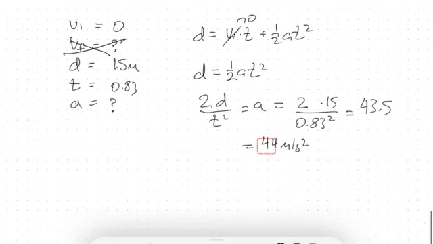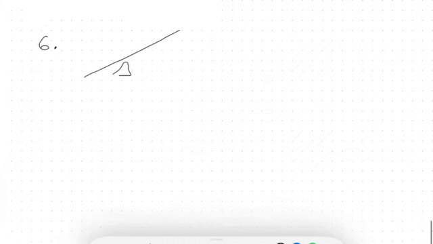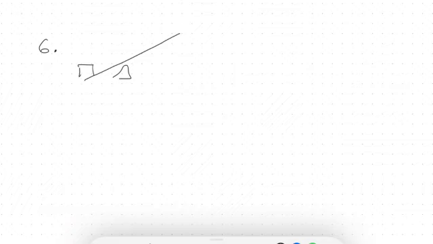Okay, one more question. Someone wants to lift this rock off the ground with a lever system. They put a wooden plank on a fulcrum. The rock is 1 meter from the fulcrum, and the person pushes down on the other end 2 meters from the fulcrum. There's a fulcrum, and then there's a plank, and the rock is here, and that's 1 meter.